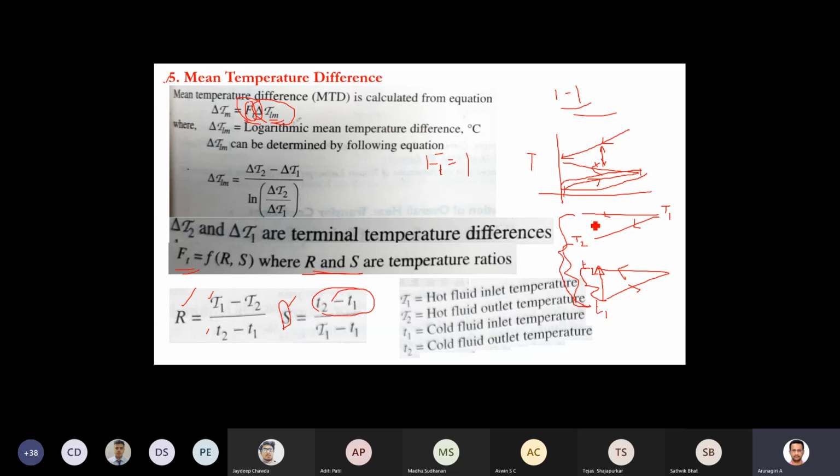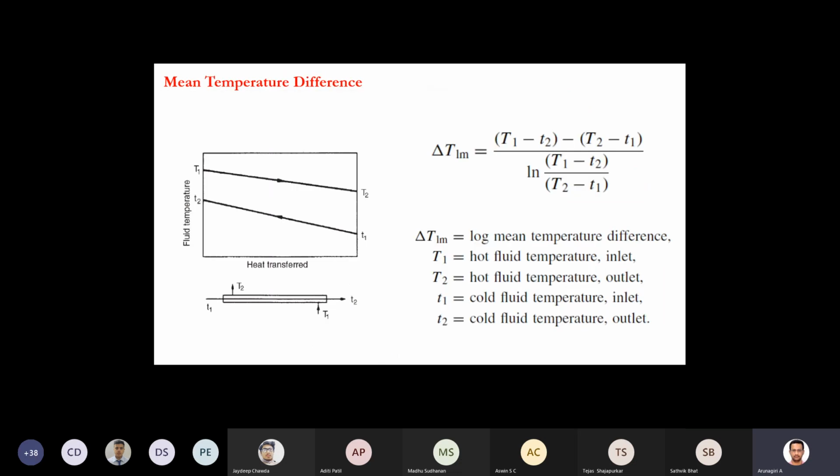This is the maximum temperature difference that can be applied in the exchanger. But practically that is not the case, so we take this as the maximum possible temperature difference. This is called effectiveness. This is the actual temperature rise of the cold fluid, and this is the maximum possible, that is hot fluid inlet temperature minus cold fluid inlet temperature. So using these two factors, we can calculate the LMTD correction factor.